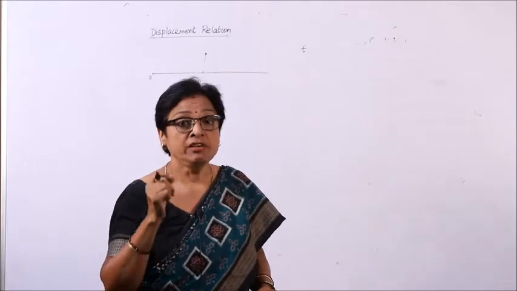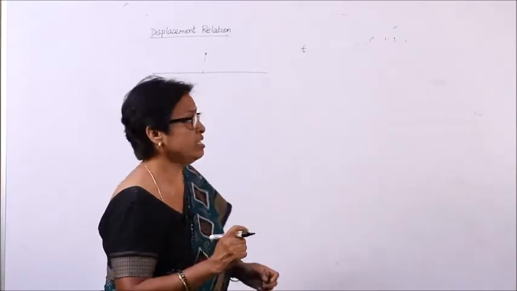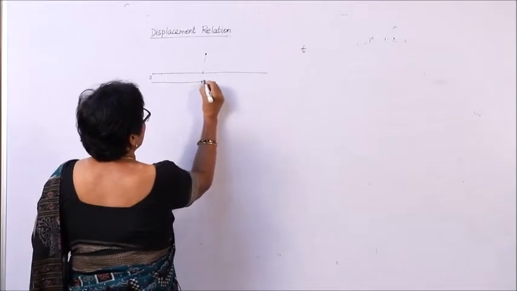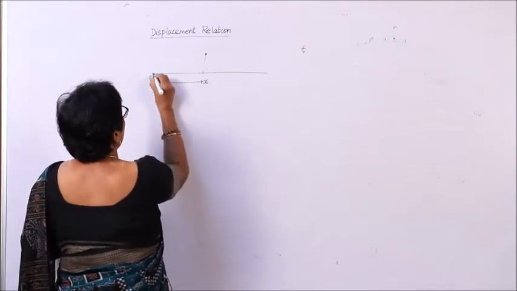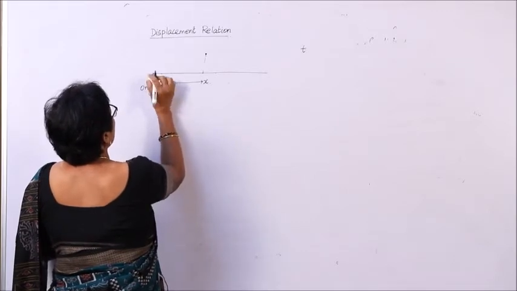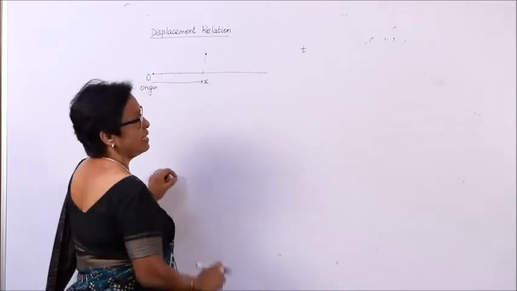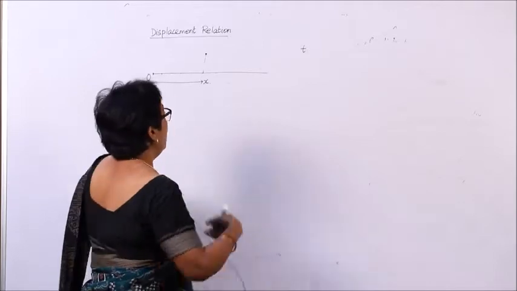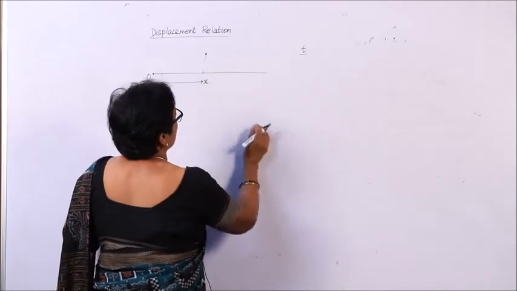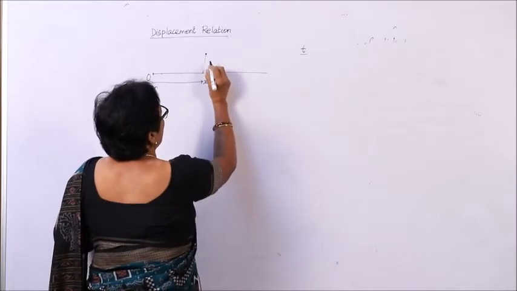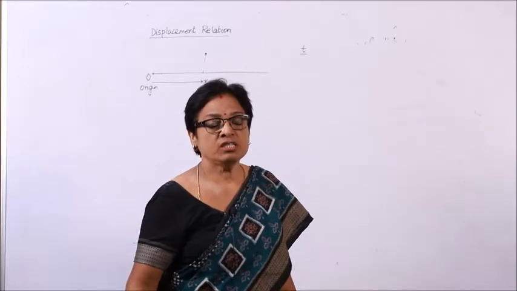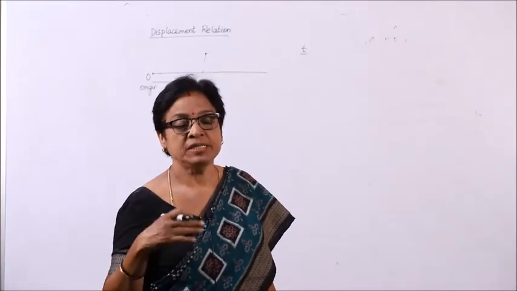If x changes, x determines the position of the particles. Let's say a particle is at distance x from the origin. This is my origin, O, and from the origin there is a particle at x. After time t, where is it? Where is the particle after time t?